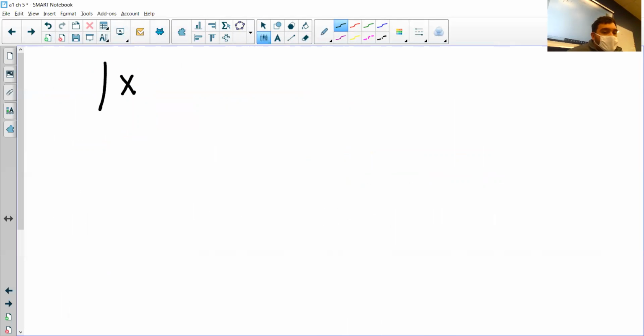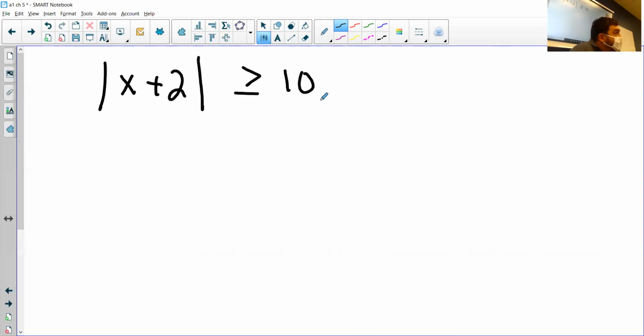Absolute value of x plus 2 is greater than or equal to, let's say, 10. In terms of steps, it's very similar to equations. First step, isolate the absolute value. Looks like the absolute value is already isolated.